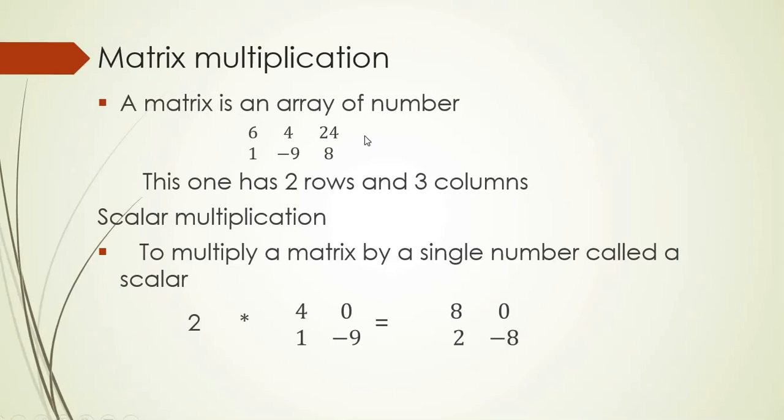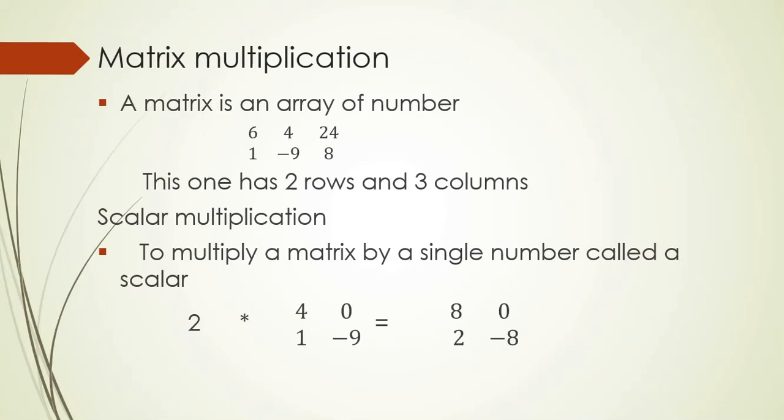A matrix is an array of numbers. Here this matrix is a 2 by 3 matrix, that is 2 rows and 3 columns.